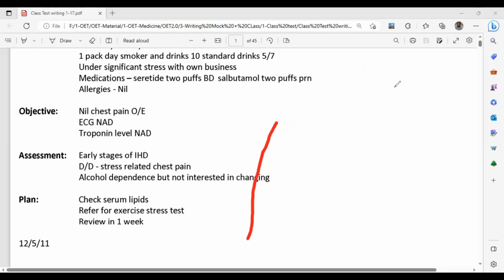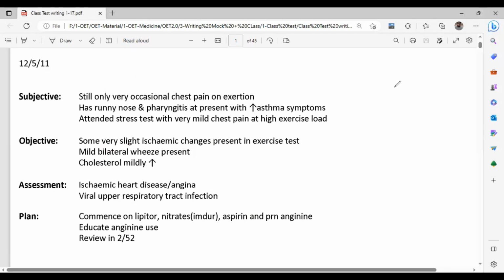After that, you can see he presented again on the second visit. In the second visit, he was still having exertional chest pain, right? So it was important. And then we have the worsening of asthma.